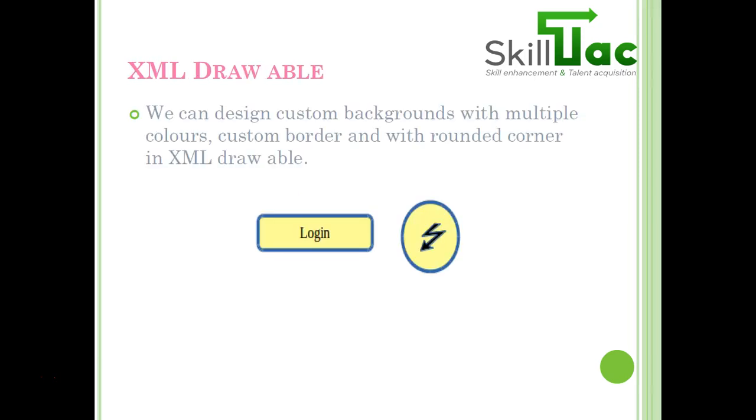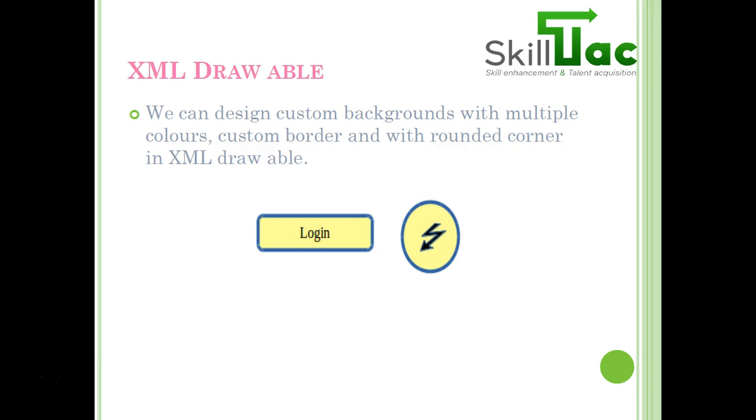Then we came to the XML drawable, where we defined custom backgrounds. We used the gradient background in order to define 3 different colors in a background and use that in our view.